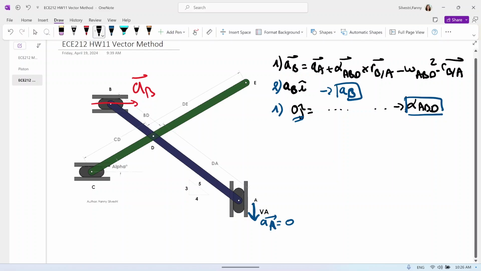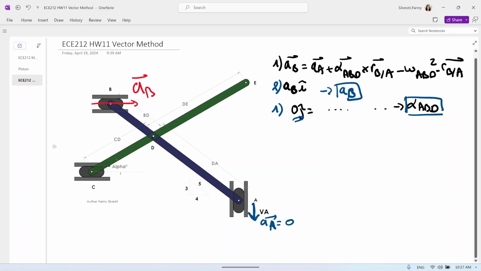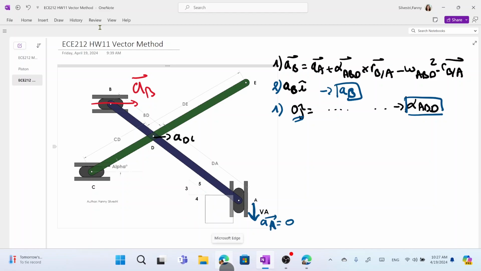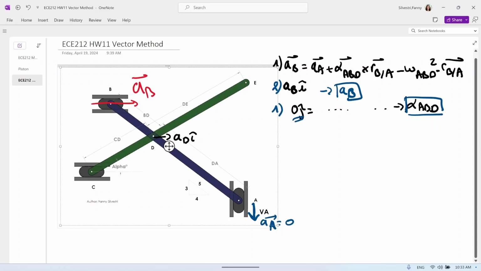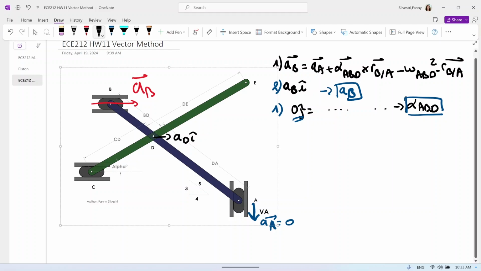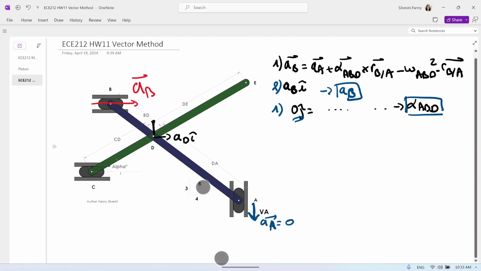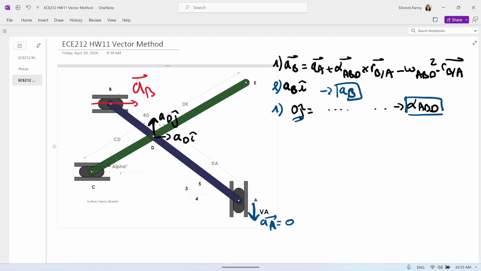Now that we did AB, we can find AD. And we don't have information on AD. You will find it on X, but you don't know that it is on X. So just assume that you have an ADX on I hat and an ADY on J hat.